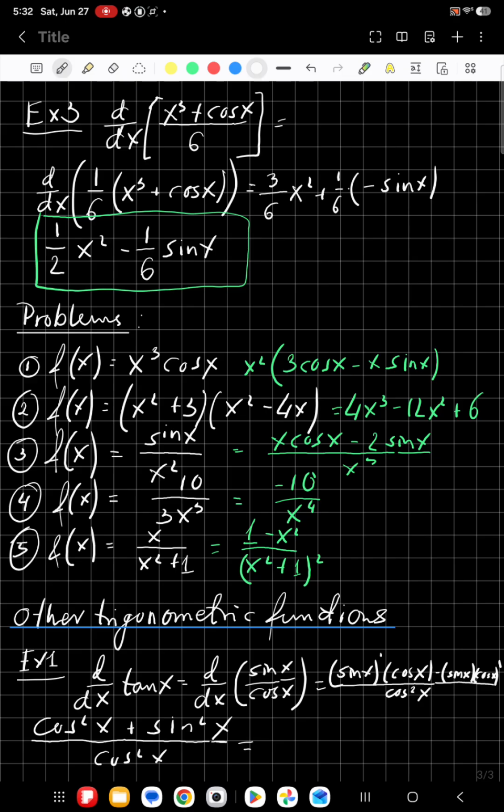I hope you remember a couple of those identities: cosine squared x plus sine squared x is just 1. So we have 1 over cosine squared x, and this is secant squared x. So that's the derivative of tangent.